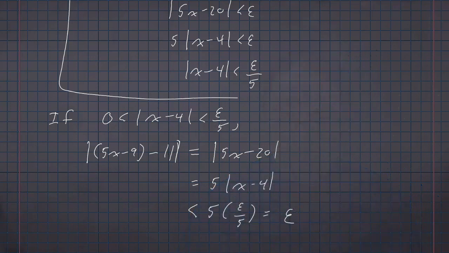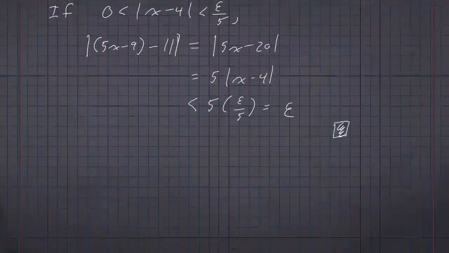So this is the part that actually proves the statement. The first half is the scratch work. The second half is the actual proof. Let's look at a more challenging example.